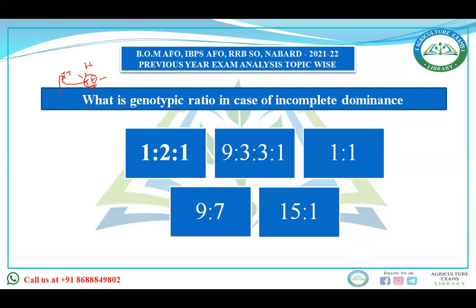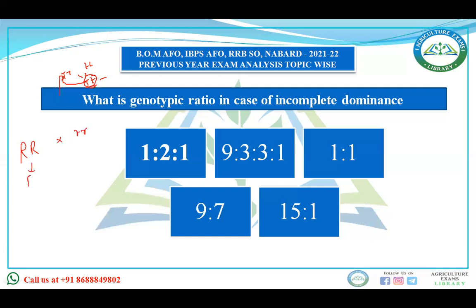But in some cases, F1 does not resemble either of the parents. Both dominant and recessive factors are present in incomplete dominance, but the dominant factor is unable to express its character completely, which results in the formation of an intermediate character. Suppose we take the example of Mirabilis jalapa, the four o'clock plant, and flower color. Capital R is for red color and small r is for white color.